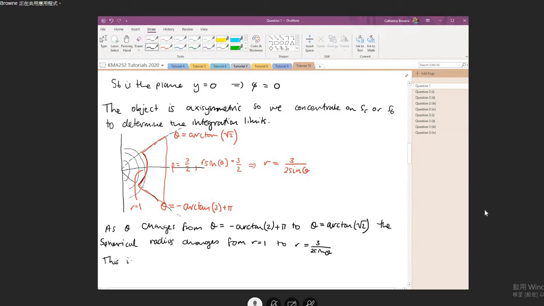And this is repeated around 3/4 of the sphere from phi is equal to 0 to phi is equal to 3 pi on 2.